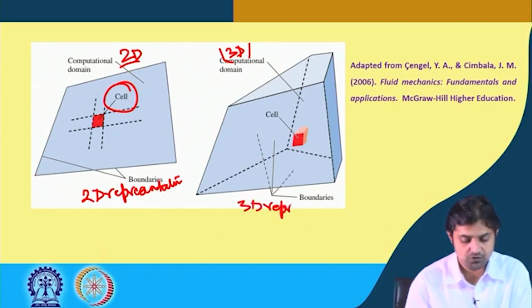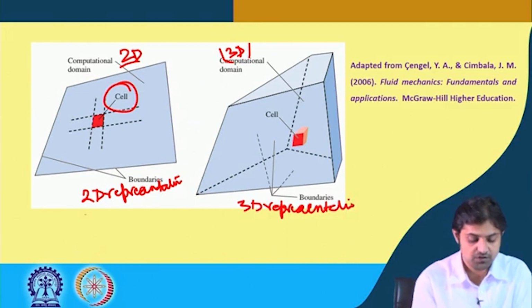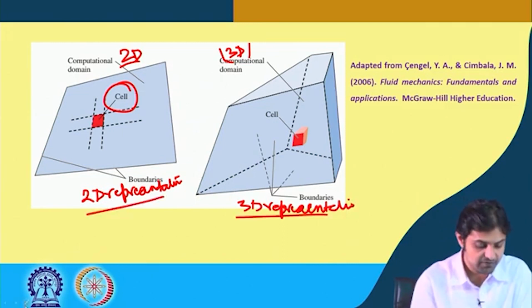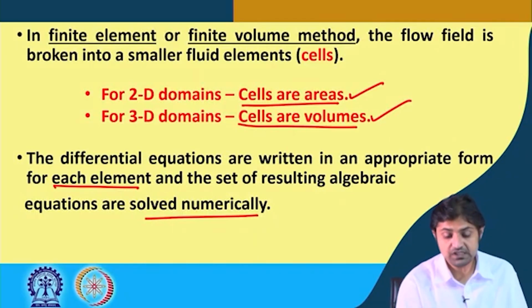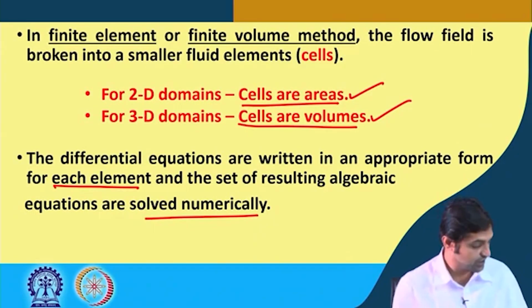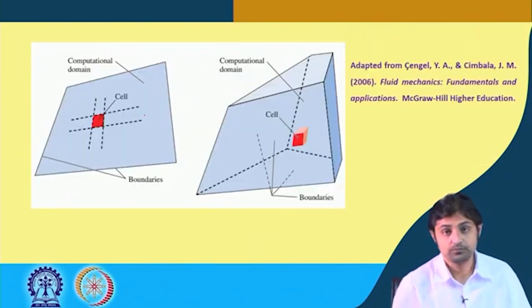It's up to you how you want to take it, but the main message that needs to be conveyed here is that for 2D domains these cells are areas, and for 3D domains these cells are volumes.